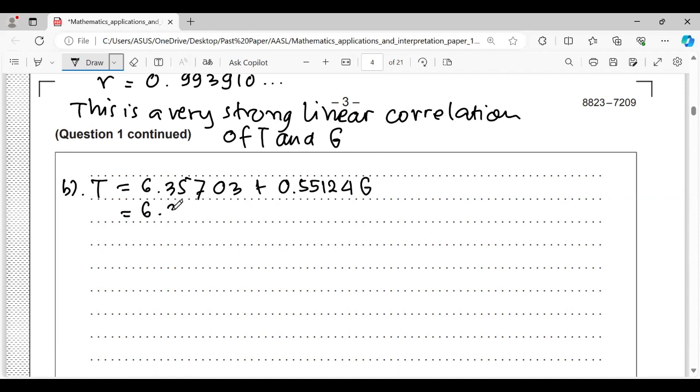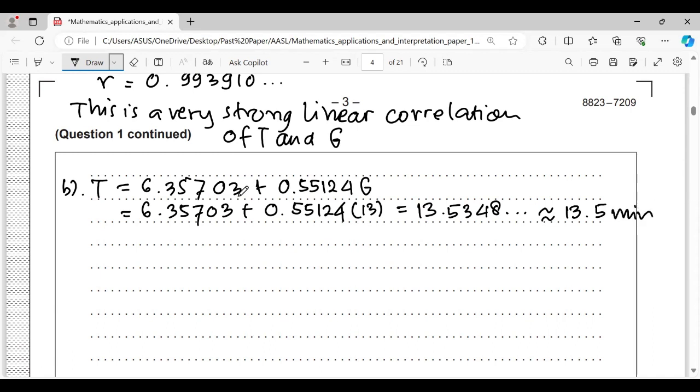It becomes 6.35703 plus 0.55214 times 13. And the result is 13.5348 and so on, or approximately 13.5 minutes.